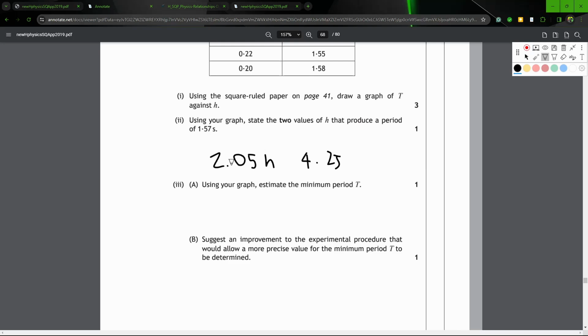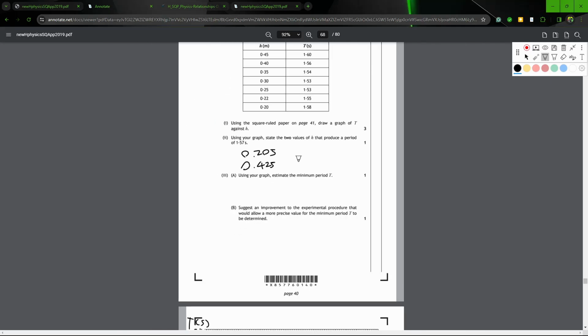Oh yeah, and this, I've messed with periods, but you know. There we go. So I'll go and fix that because that's pretty embarrassing. But all you need to know is that it's 0.205 and 0.425 h in meters.